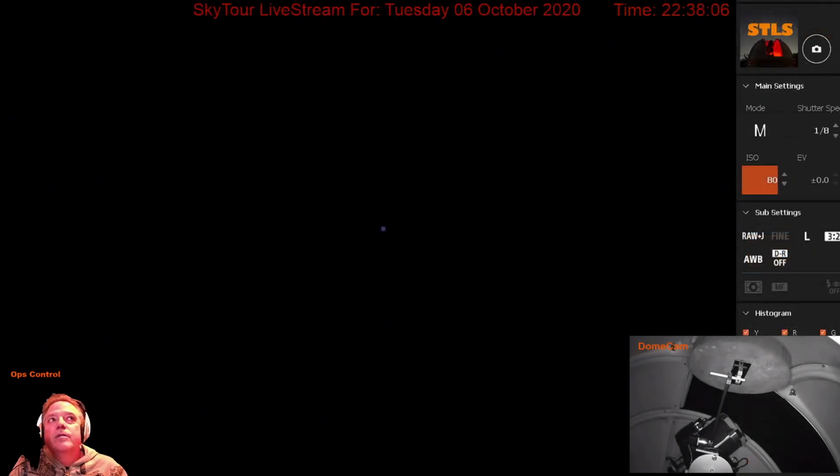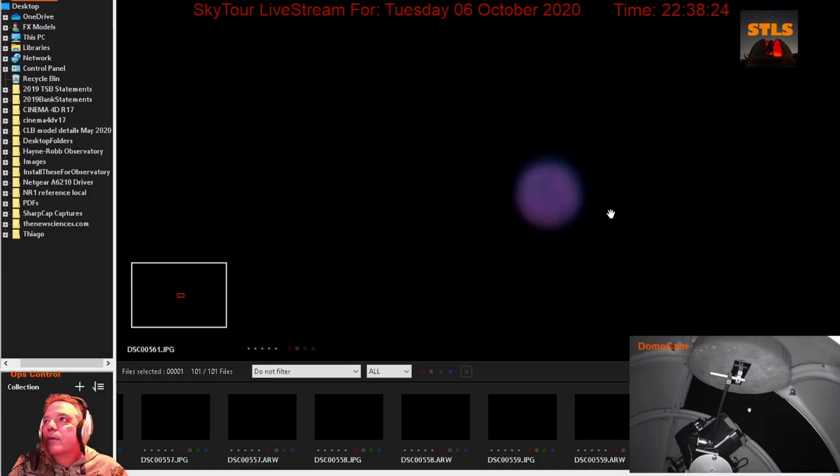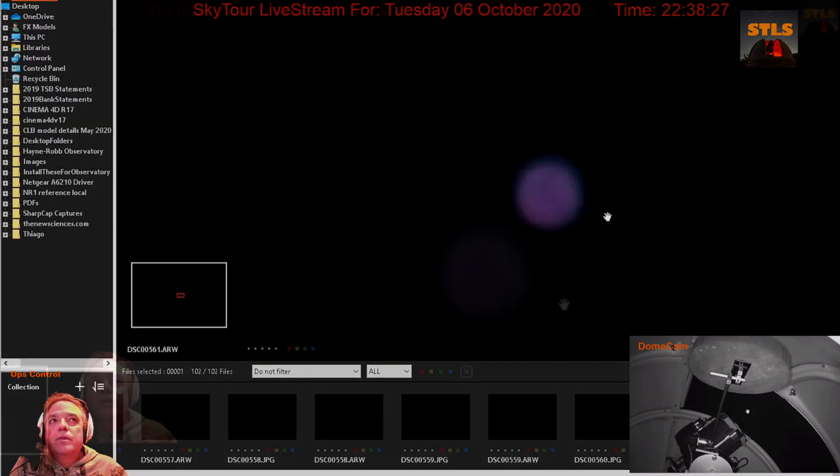There's our new STLS logo right there, by the way. I go from that one main view to taking the pictures and getting us a shot of Mars once again with this view here.